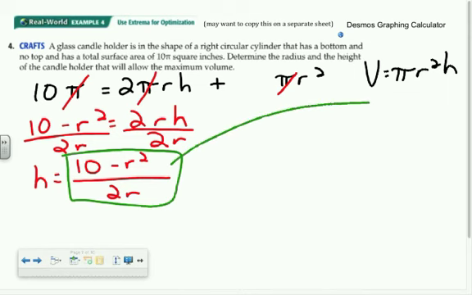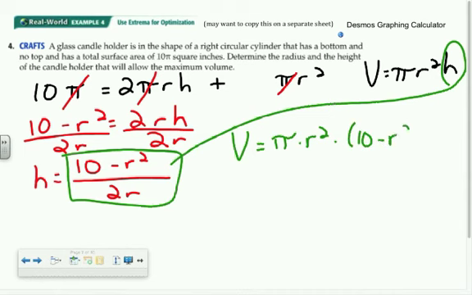And now I'm going to take this value that I've just found for h, and I'm going to use it here in my volume formula. So my volume will equal pi times r squared times this 10 minus r squared over 2r.